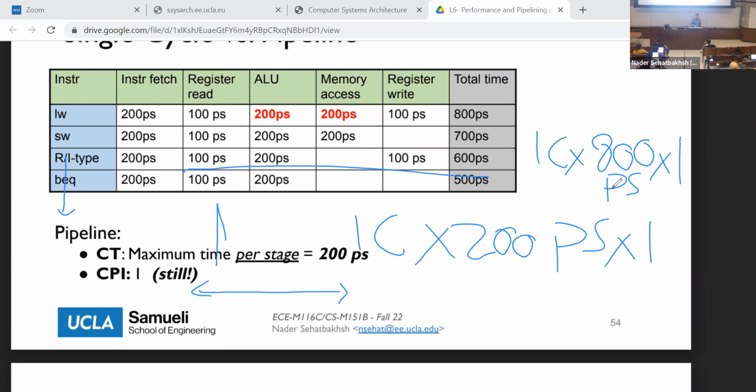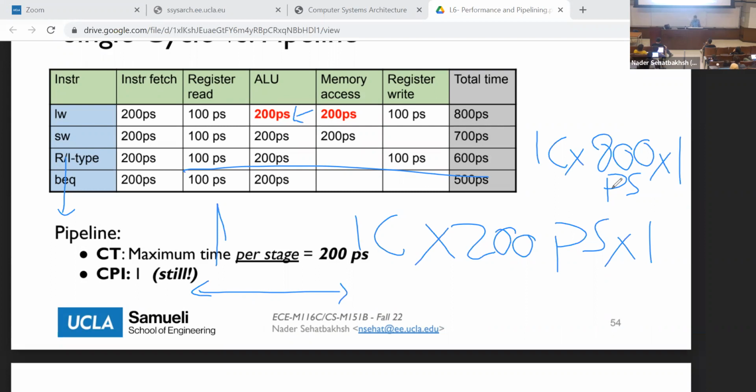So we are getting 4 times better in this specific case, because our CT is not 1/5. You see that we cannot get it to a perfect 800 divided by 5. We got it to 800 divided by 4. So what we get out of this real example is that your CPU time has been reduced by a factor of 4, just by virtue of dividing our pipeline into 5 stages, and this timing is telling you what you get. Does that make sense?